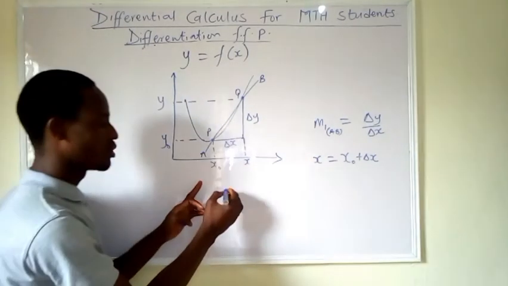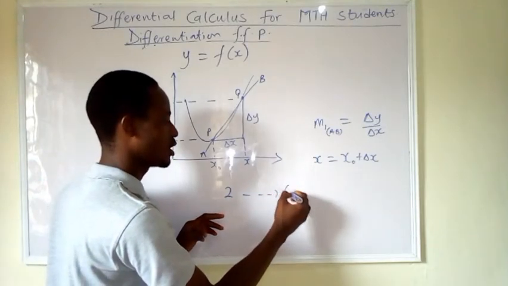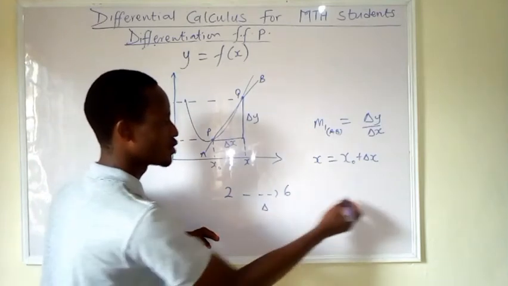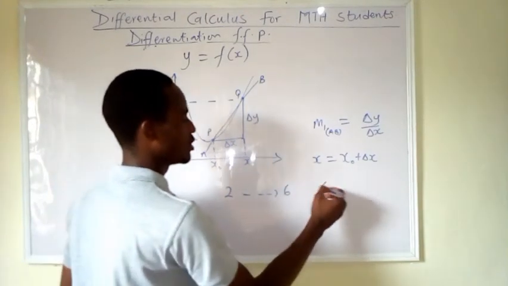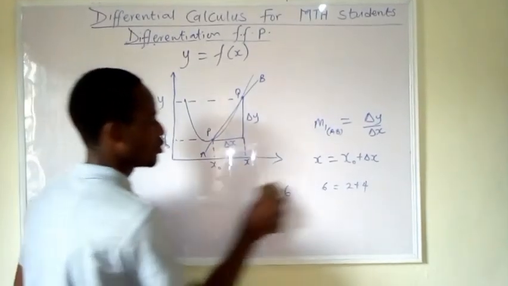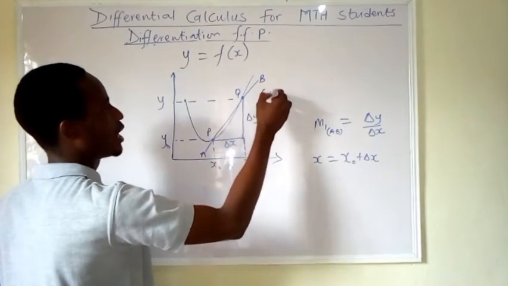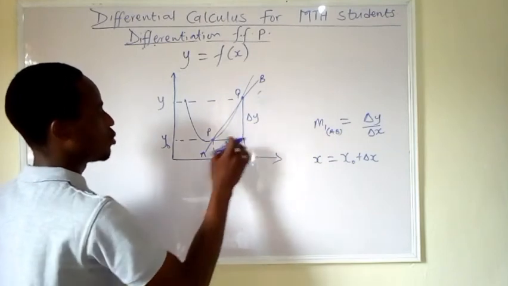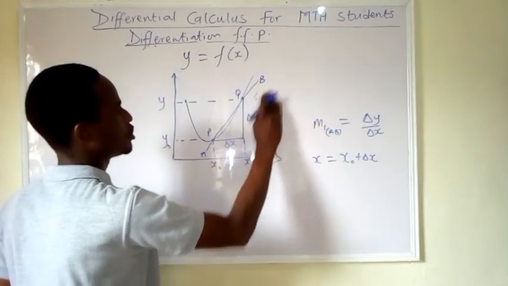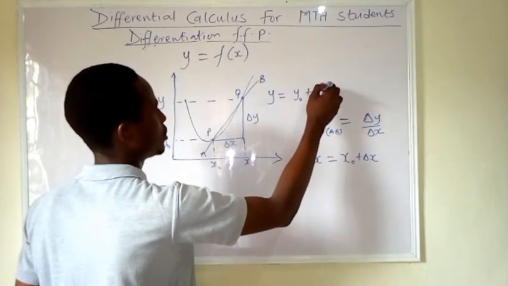Which implies that if a particular variable is 2, then it changes to 6, the exact change that has taken place is 4. So this 6 is going to be 2 plus 4. That is what that is talking about. So also for y, the coordinate here is y, which is equal to y naught plus change in y.